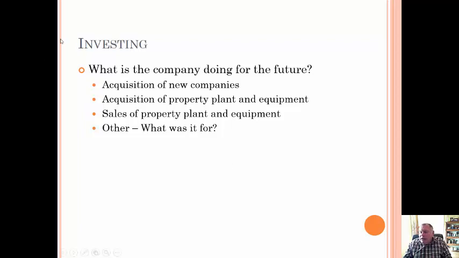Now, when we look at property, plant, and equipment, this is also known as CapEx, capital expenditures. Okay? So this is what they're investing in the future. So we want to see a company making investments in the future. We don't want to necessarily see them selling off property and equipment.